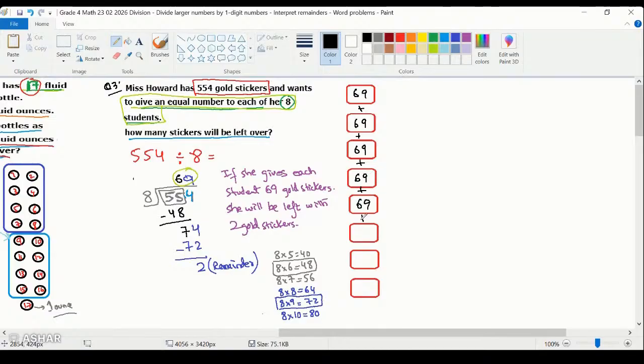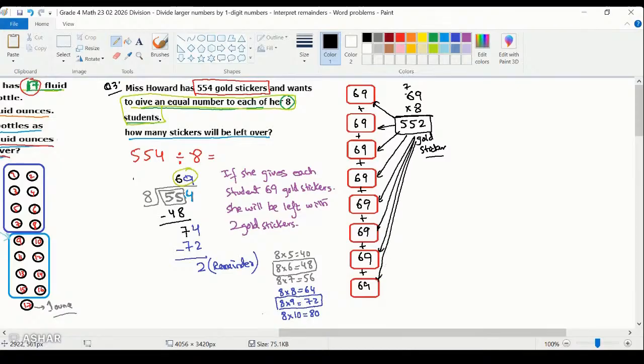That means when we add 69 eight times, or we multiply 69 by 8. 8 times 9 is 72. We carry the 1. 6 times 8 is 48, plus 7 is 55, right? That means 552 gold stickers were distributed between these 8 students, right?